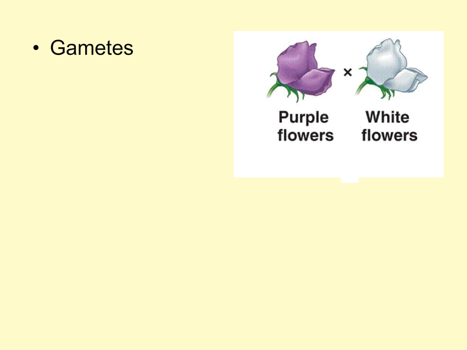Since the plants are true breeding, the purple-flowered one must be homozygous dominant, and the white must be homozygous recessive. Through meiosis, each can produce haploid gametes with 1 homologous chromosome from the pair. So the homozygous dominant parent can only produce gametes with the dominant allele, while the homozygous recessive parent can only produce gametes with the recessive allele.